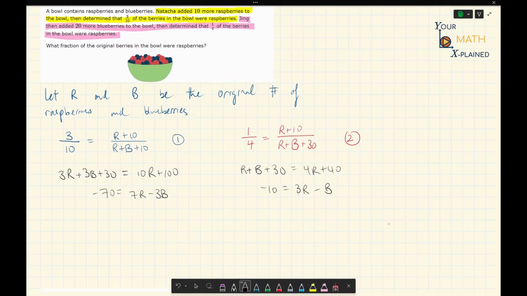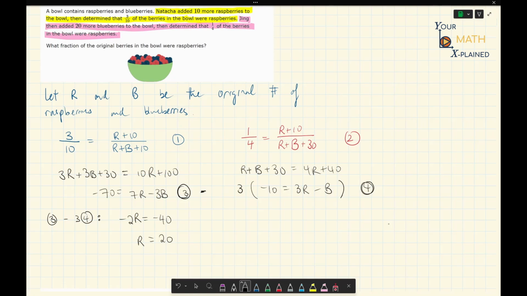We now have a system of equations. So taking equation 3, we are going to subtract 3 times equation 4. So 3 minus 3 times equation number 4. We are going to remove the B's. This will give us negative 2R equals negative 40, which means R is equal to 20.